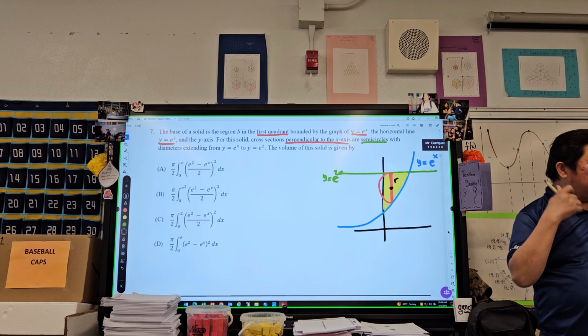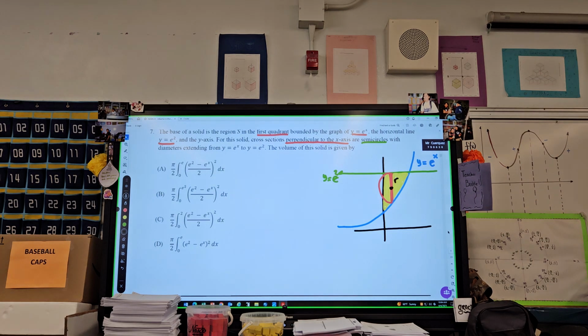Okay, so what to do now? What do you think? What is our upper curve? E to the power of 2 minus what? E to the power of x.